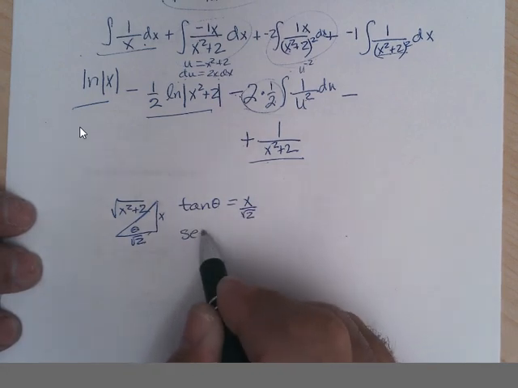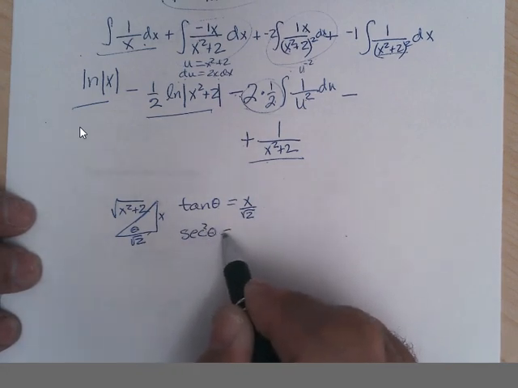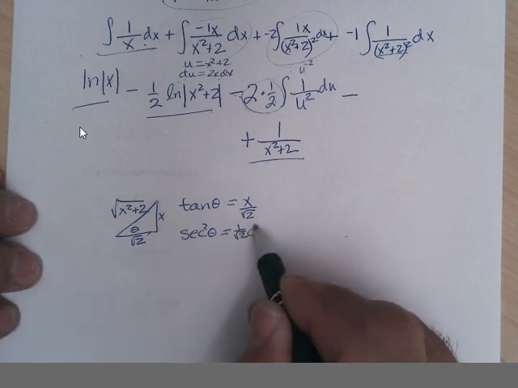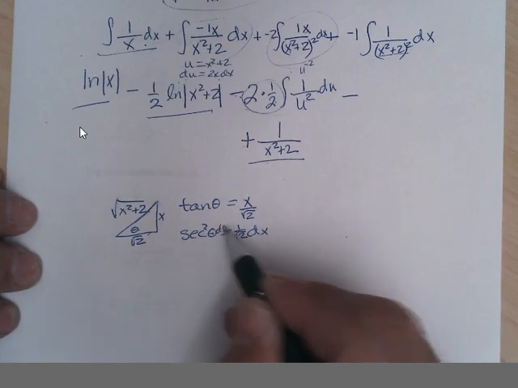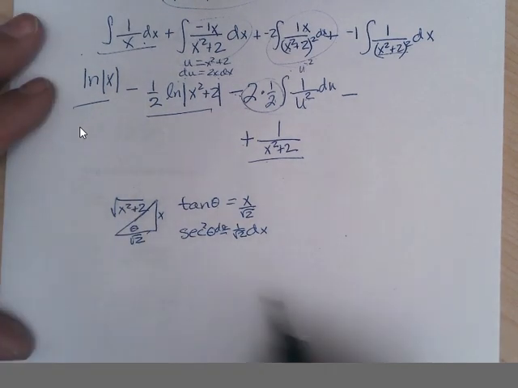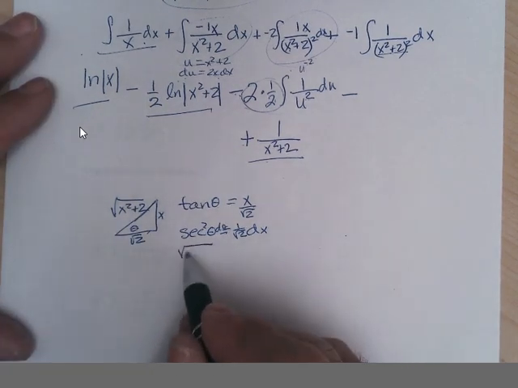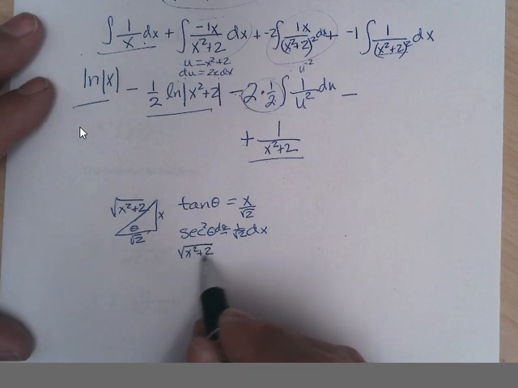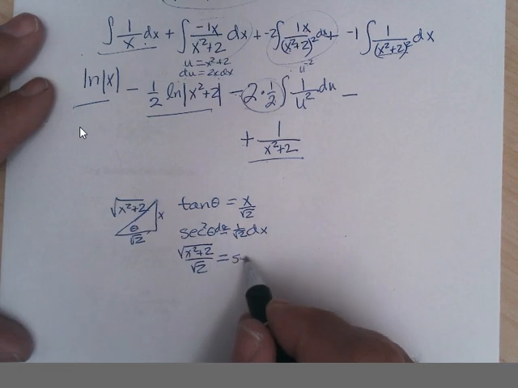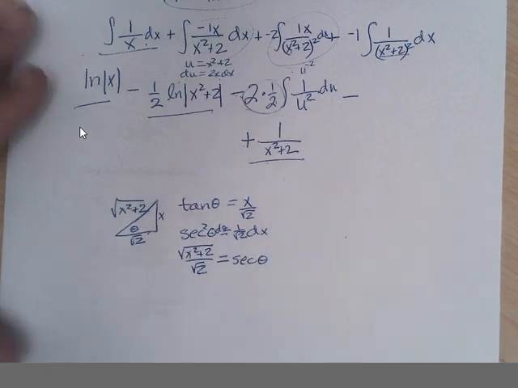So secant squared theta equals 1 over the square root of 2 dx, d theta. And the mess would be the square root of x squared plus 2 over the square root of 2, which is hypotenuse over adjacent, is secant theta.